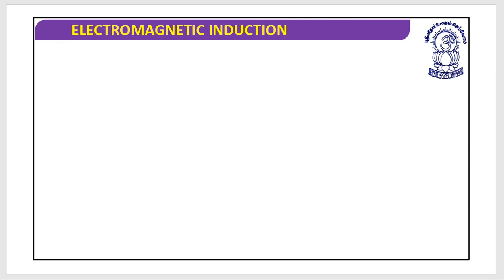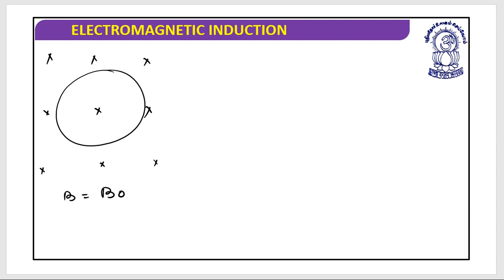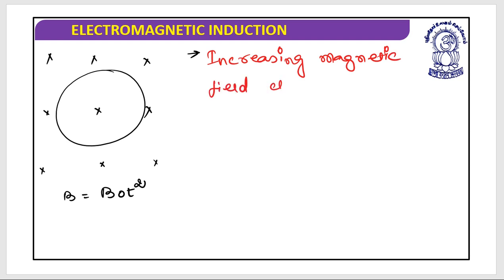If I look at this very carefully, this was the situation. The magnetic field B = B naught t squared. So the answer to this question would be that the increasing magnetic field changes the flux.